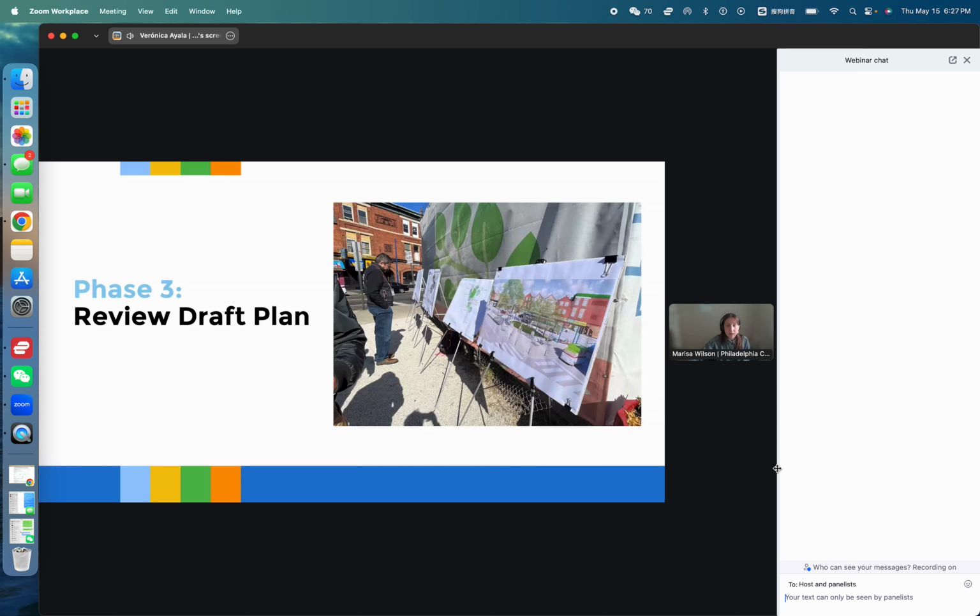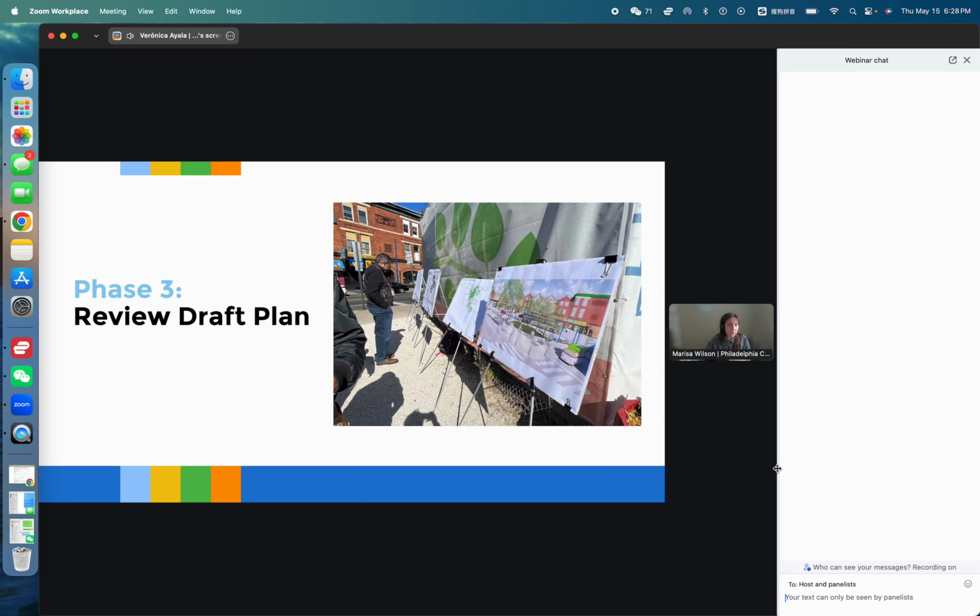In the final phase, we'll be reviewing the draft plan. Community partners are responsible for supporting their community in looking through the draft plan, reading the recommendations and the goals, making sure they understand what it means, and helping their community give input on whether the plan represents what they said and the vision that they shared, and in the ways that they would like to see it actualized.